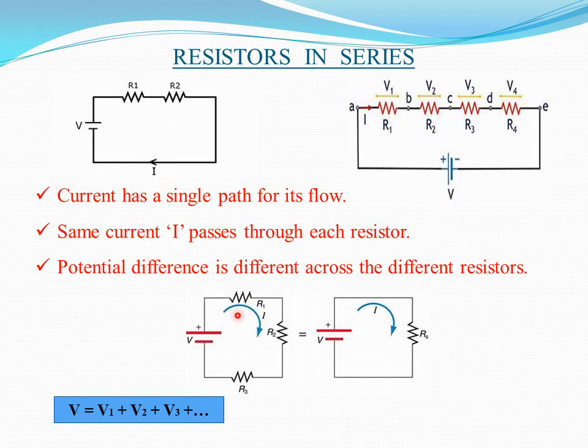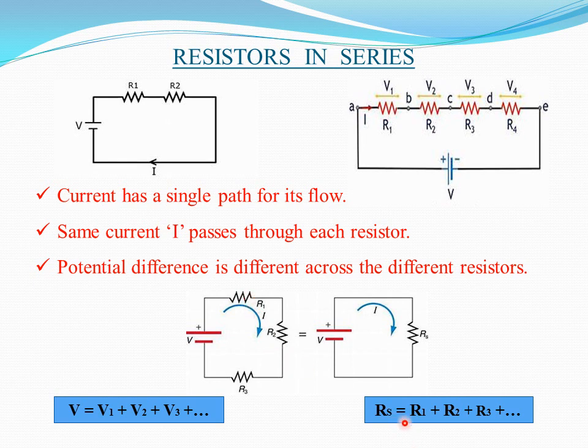In this circuit diagram, there are three resistors R1, R2 and R3 connected in series. The sum of all the resistance values gives the equivalent resistance. We have Rs, that is the equivalent resistance of this series combination, equal to the sum of the resistances of the individual resistors.